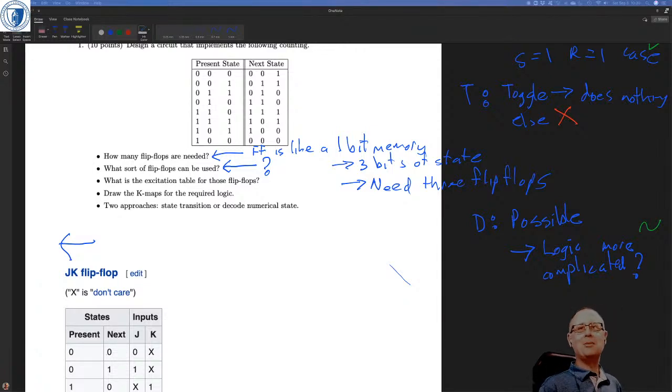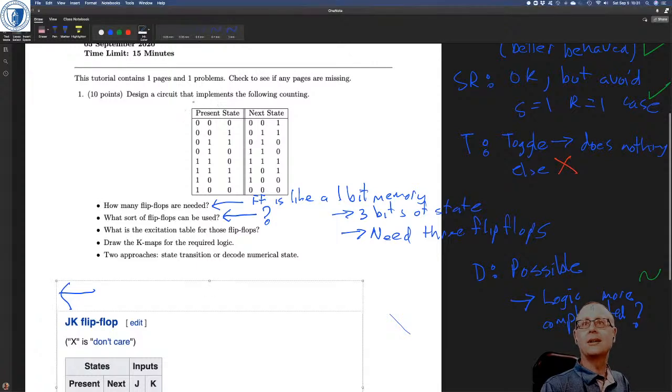So the aim is to try and figure out what the next step is. What we're trying to design is a circuit that does this sort of counting, right? And the key piece is to go up here.